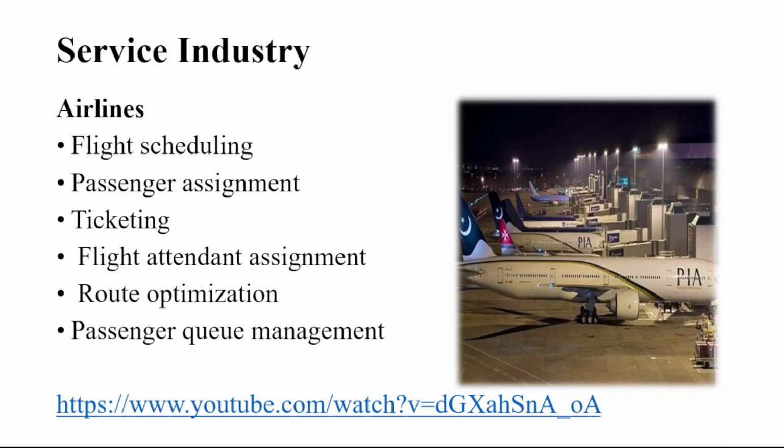In order to manage the air traffic, we go for route optimization, which helps us schedule the airlines with least cost and on-time, quality service to the passengers. And also we can manage the queues using operation research.